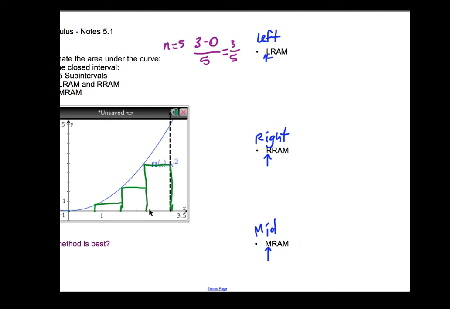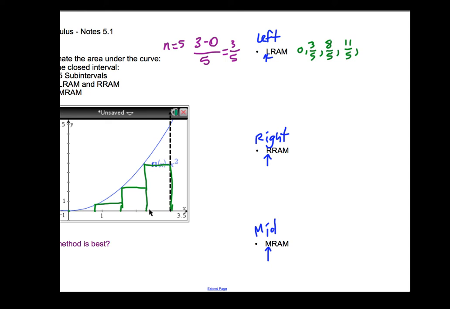So what are the different heights? For my LRAM, I'm going to be interested in 0. I want to be interested in 3/5. I want 8/5. I'm going to be interested in 11/5. I want 14/5.